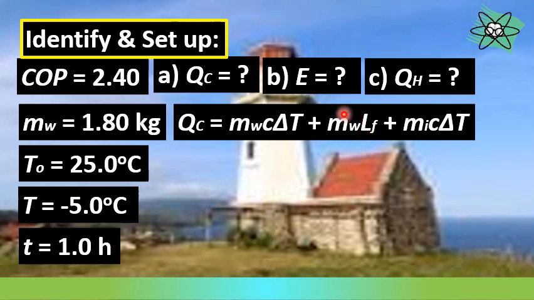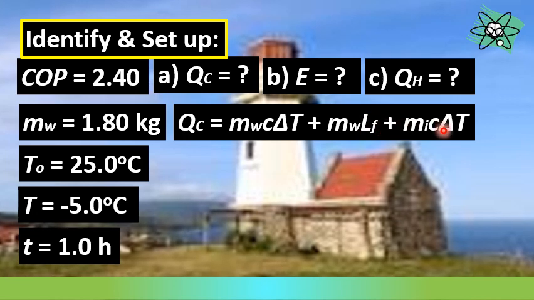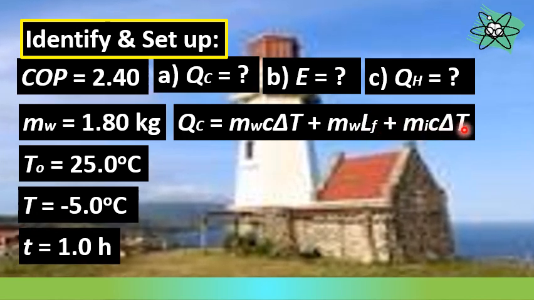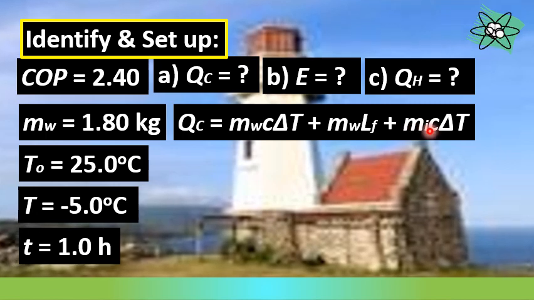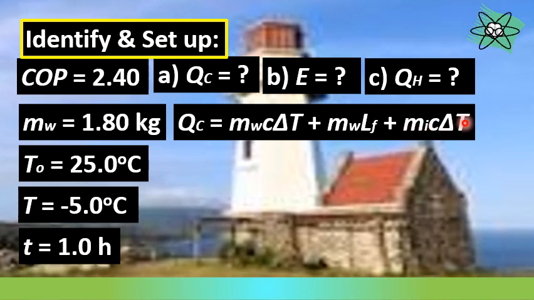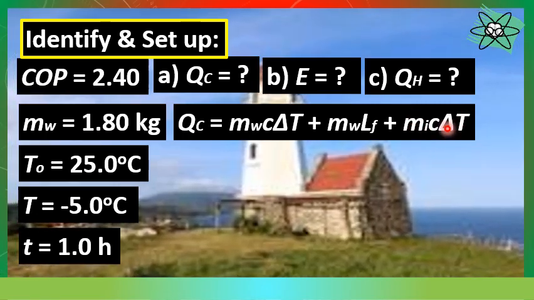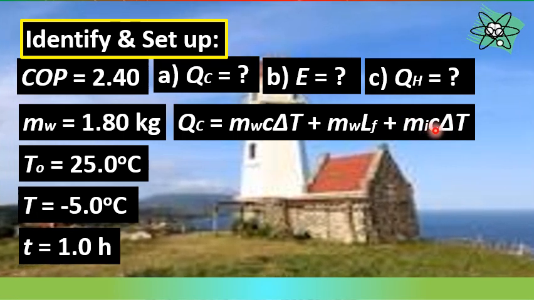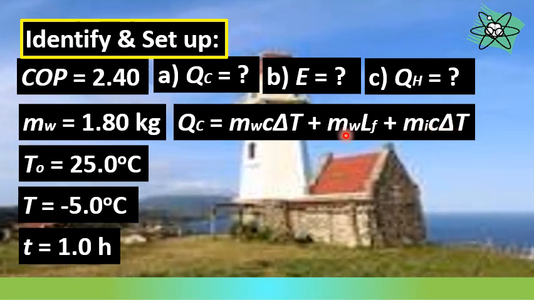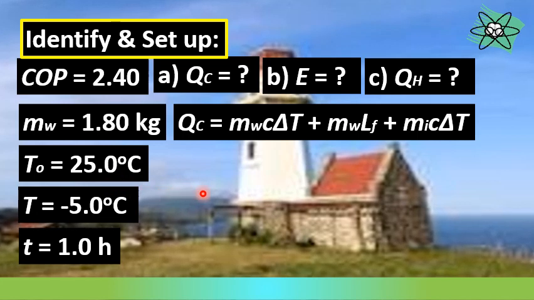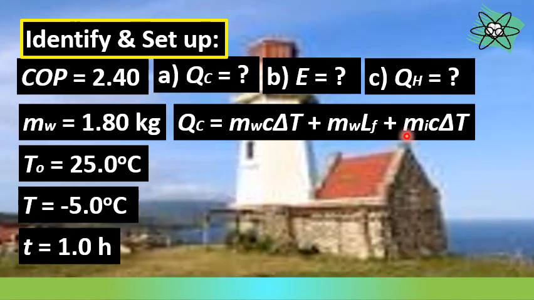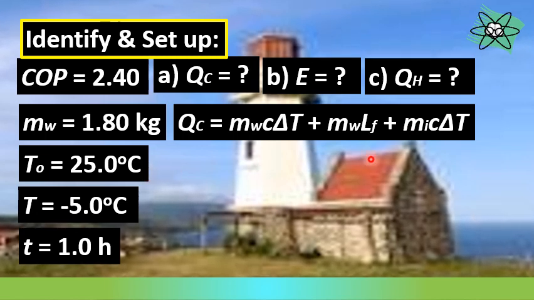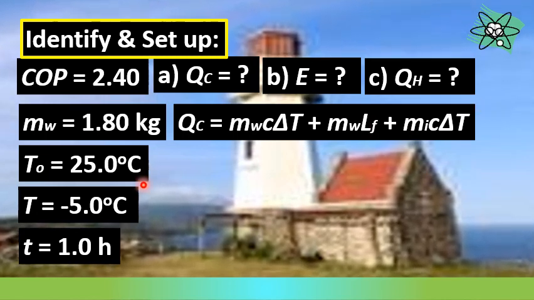And the last term, M_I C delta T, will be denoted later by Q sub 3. This represents the amount of heat extracted from ice in order for it to lower its temperature from 0 degrees Celsius to negative 5.0 degrees Celsius.